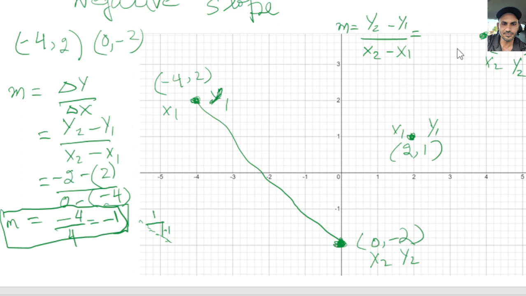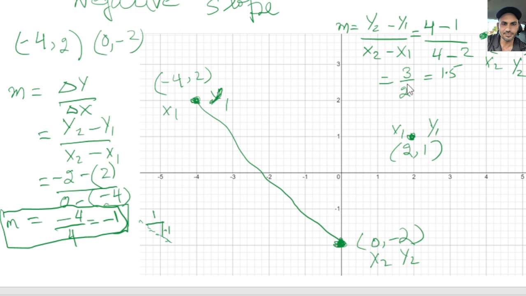So y2 is 4 minus y1, which is 1. x2 is 4 as well, minus x1, which is 2. So we have 4 minus 1 is 3 on top, 2 at the bottom, which is equal to 1.5 if you simplify this further in decimal form.